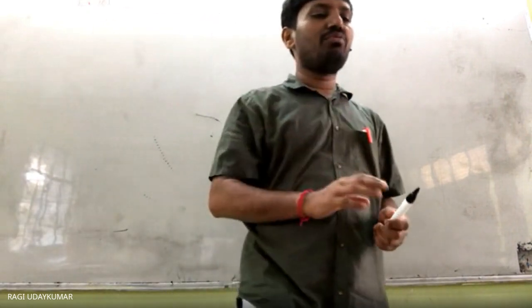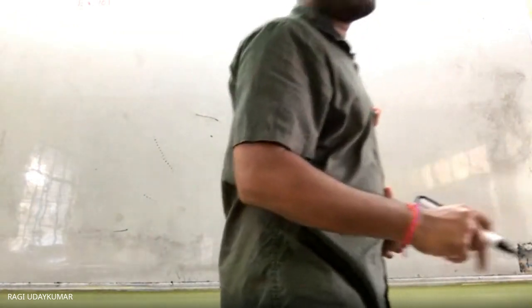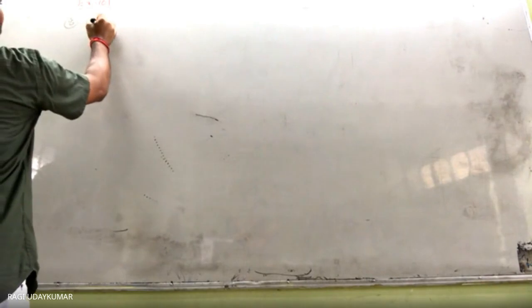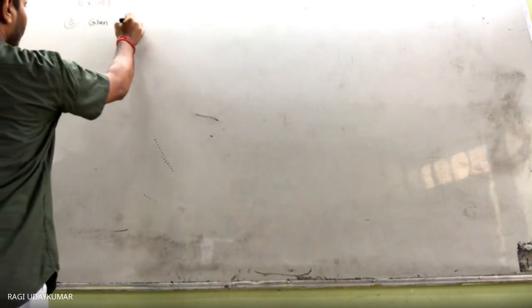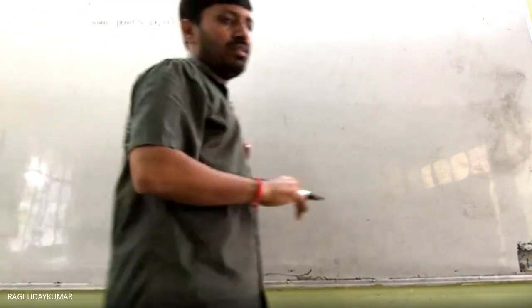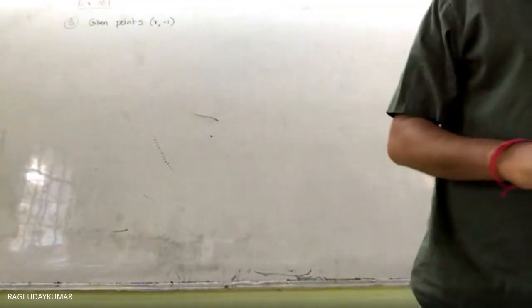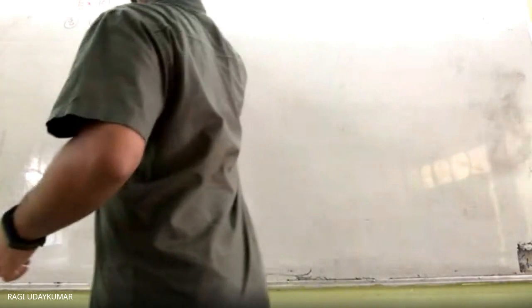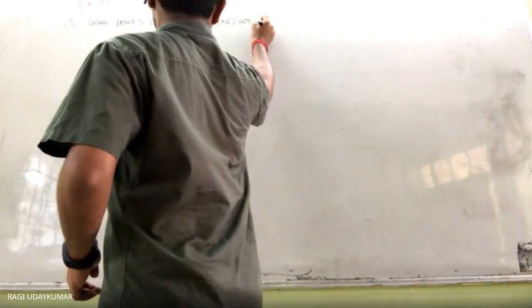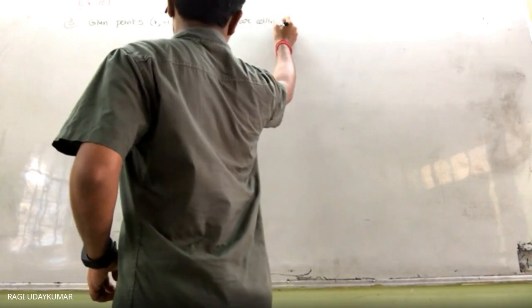So what are the given points here? (x, -1), (2, 1), (4, 5) are collinear.